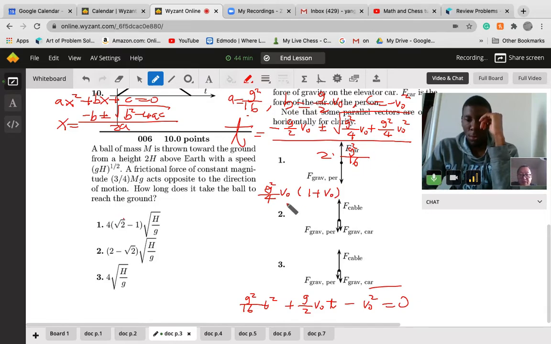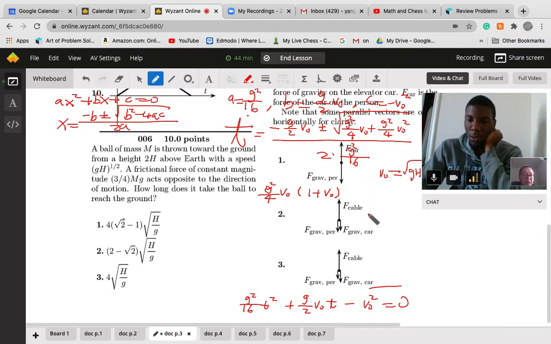Yes, now let's see. We can now plug in v0 equals square root of gh, right? So then we can plug here, that will be g squared over 4. Now let's see, that will be t squared.